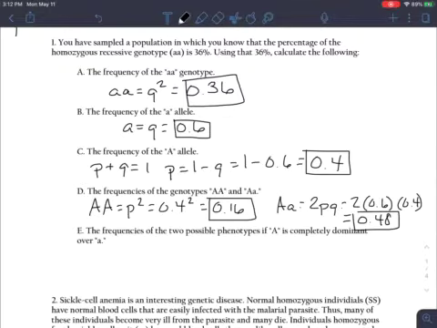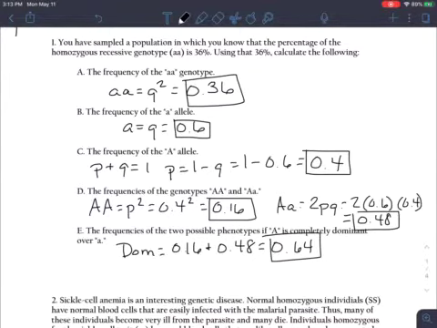Now, the frequency of the two possible phenotypes, if big A is completely dominant over little a, okay? So I'm going to expect the dominant phenotype to be 0.16 plus 0.48, which is equal to 0.64.